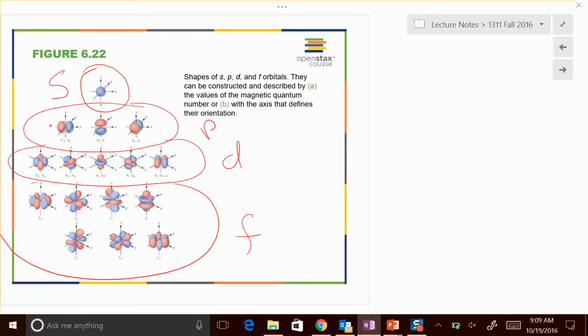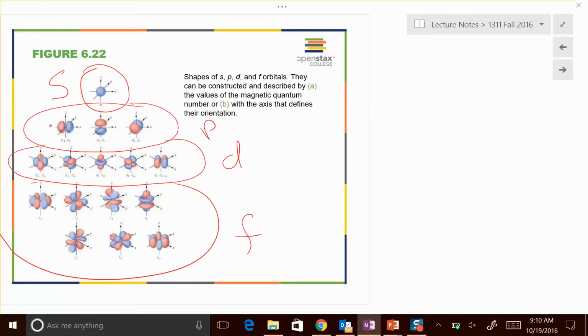Potassium is in the 4th principal energy level, sub-energy level S. Calcium is in the 4th principal energy level, sub-energy level S. What is cesium in? 6S. Beryllium? 2S.